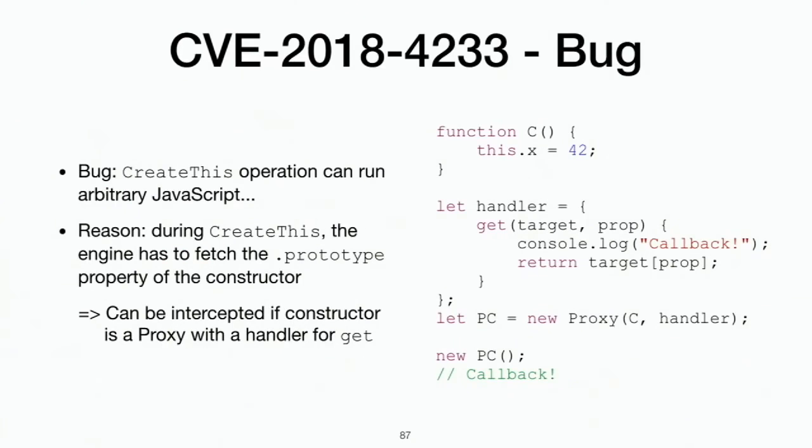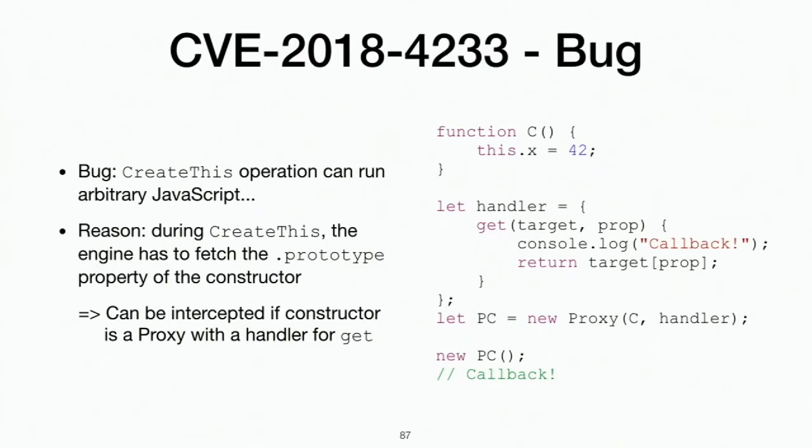So CreateThis can actually call JavaScript. The reason is very JavaScript specific. Essentially, when you construct an object, the engine has to fetch a property from the constructor. And fetching a property in JavaScript is something that you can intercept, for example, with a proxy. A proxy is just a tool that you have in JavaScript to intercept all these standard operations on objects.